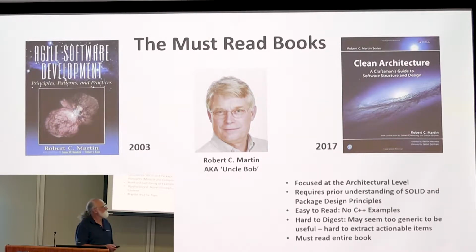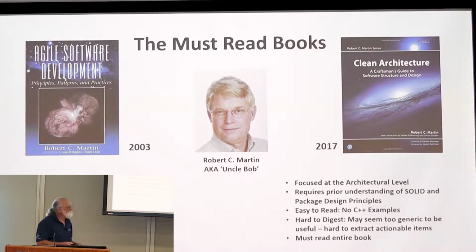That was the main difficulty for me. And with this book, you must read the entire book cover to cover to make sense of it. But once you do it, the bulb in your head will light up because it explains how all the packaging and solid principles came into being and why they are the way they are.